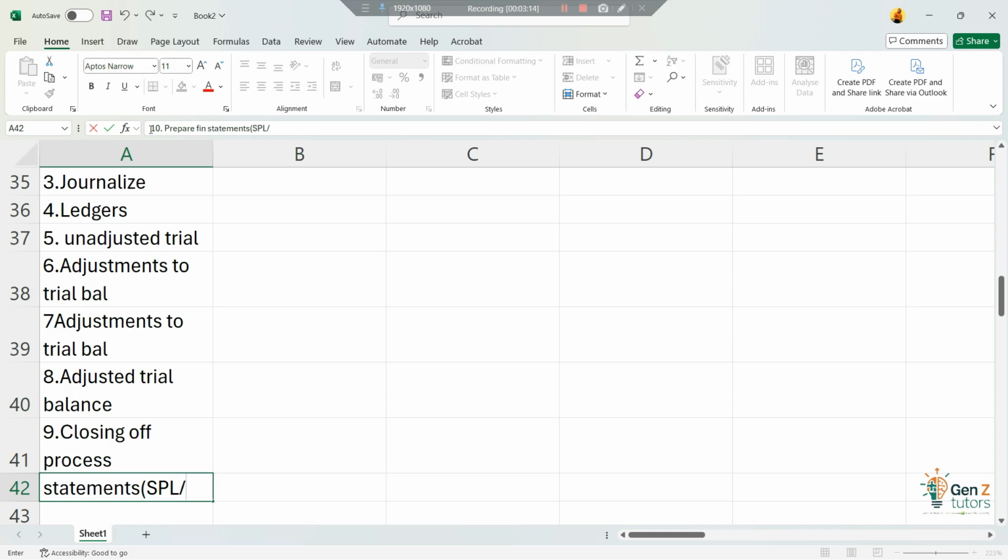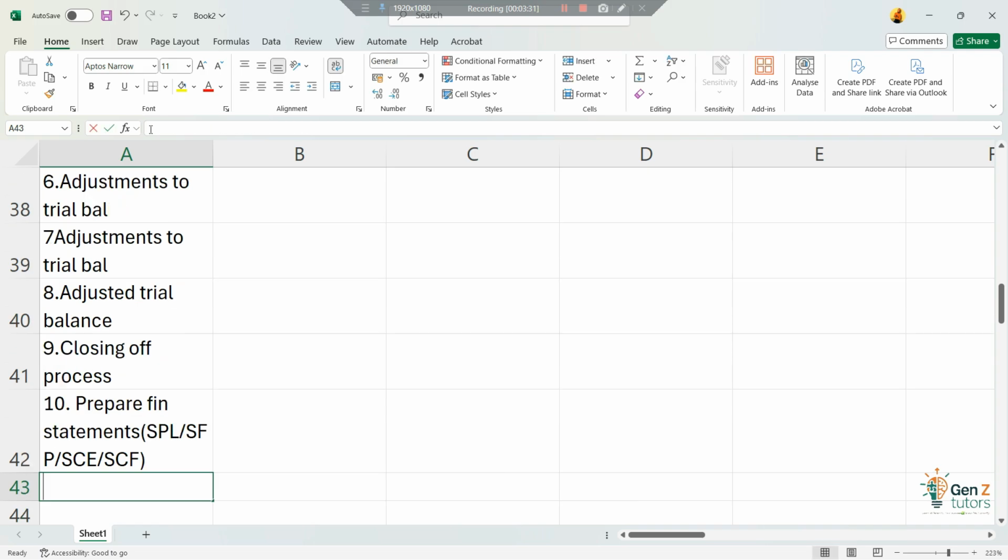And then you have your statement of financial position. Then you'll have your statement of changes in equity, and then you'll have your statement of cash flows, right? And then that's where you are done.